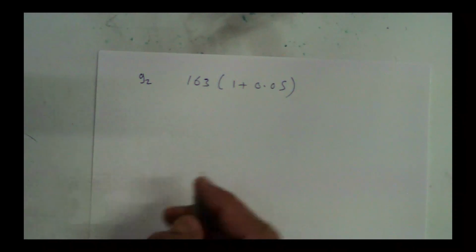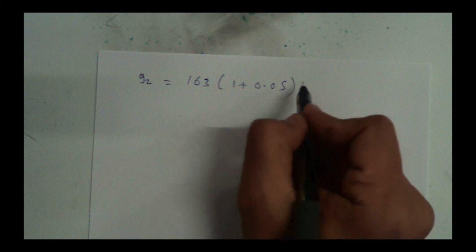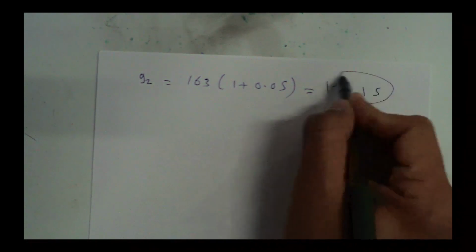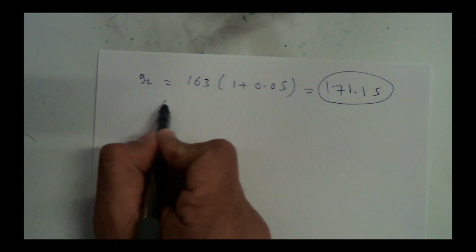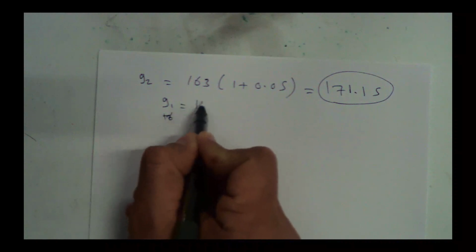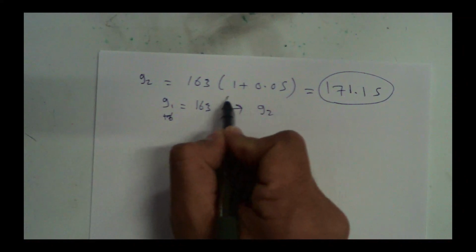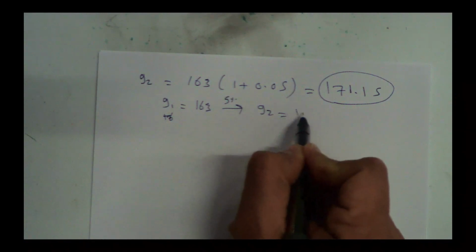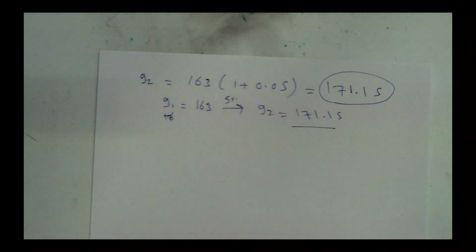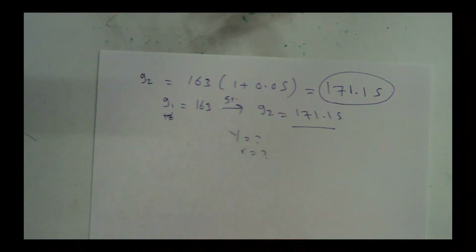This will give me the new level of government spending, which is going to be 171.15. So now the government spending changed from G1, which is 163, to G2, which is 171.15, and that's a 5% change. So the question now, how is this going to change Y, and what R is going to be?